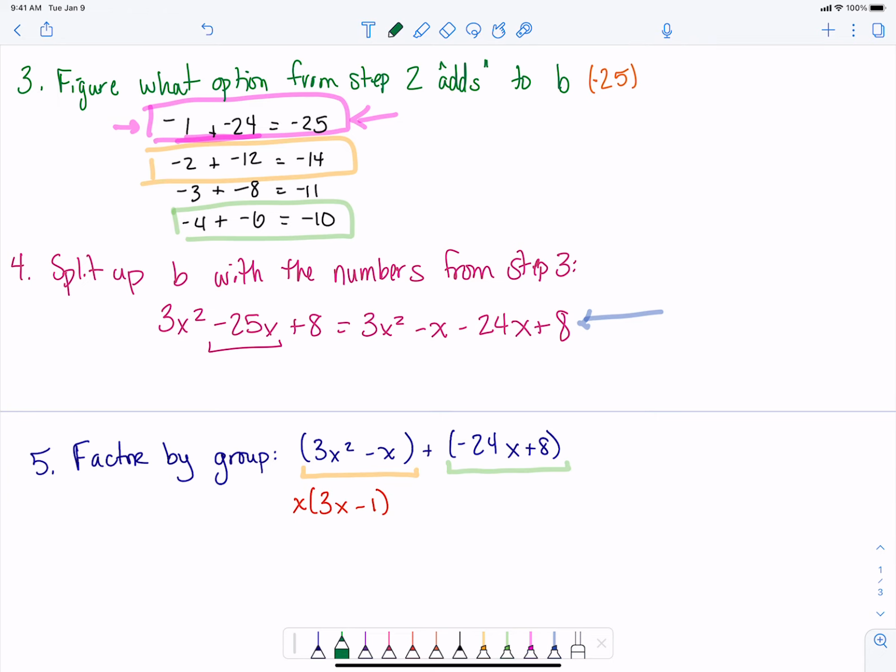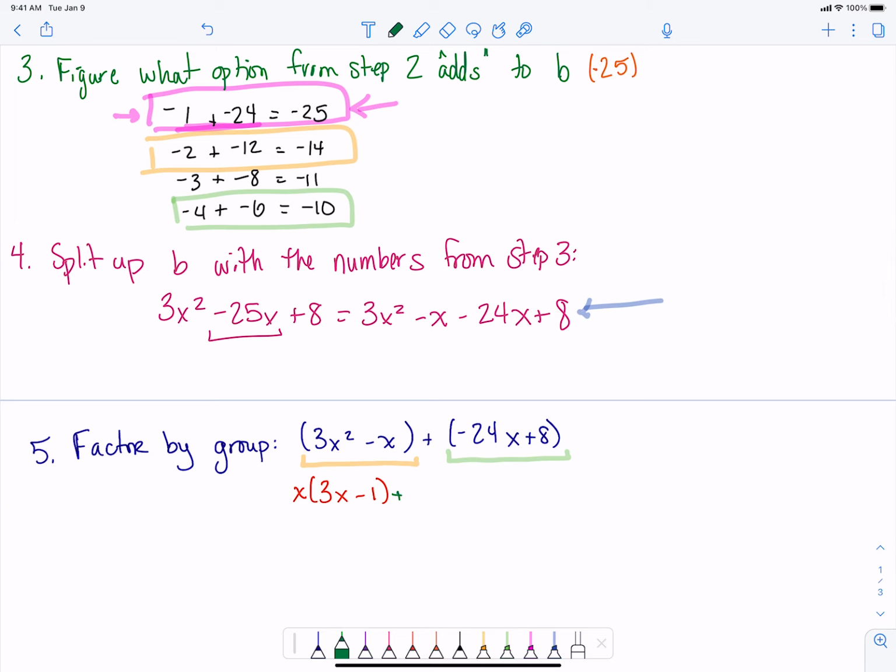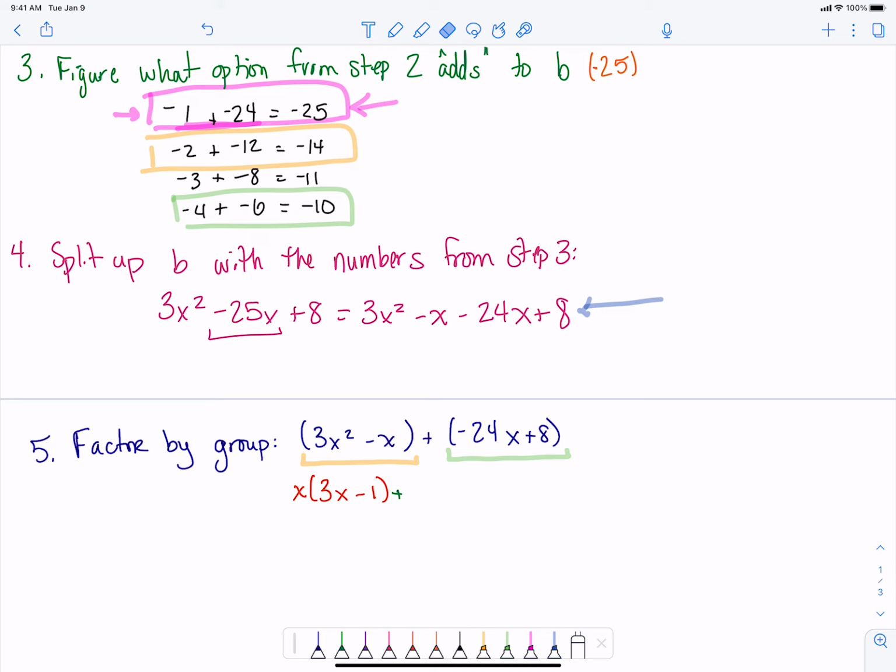And then I look at what we have underlined in green and ignore what's underlined in orange and say, just those two terms, what's their common factor? If there's a negative sitting there in front, I'm going to factor out a negative. It's going to be negative 8. And we're going to be left with 3x minus 1 when we factor out that negative 8.